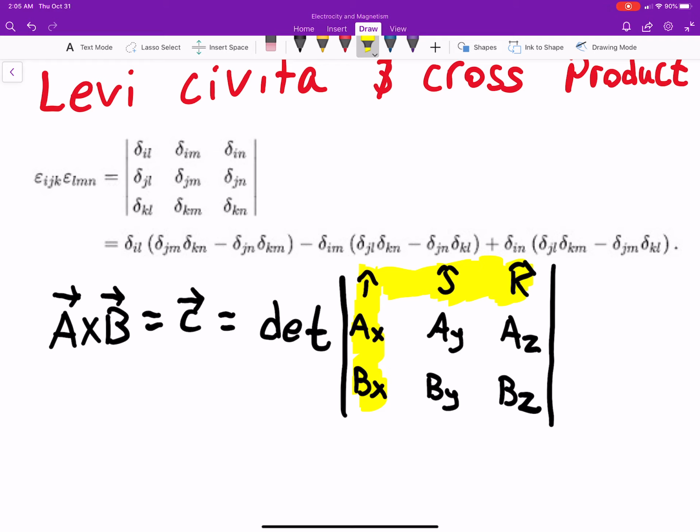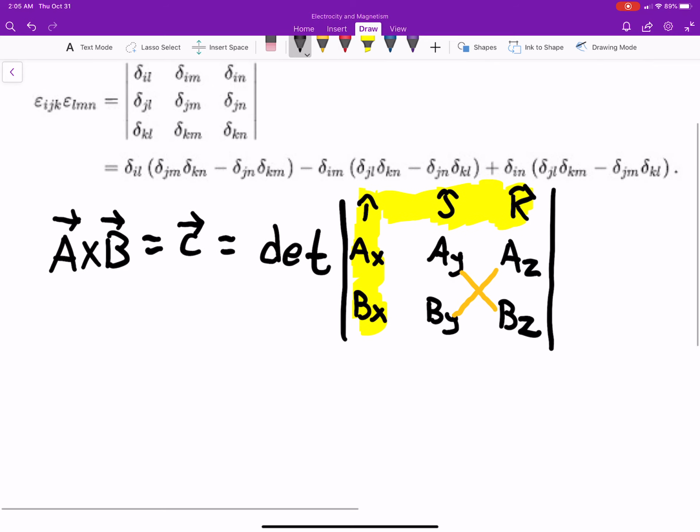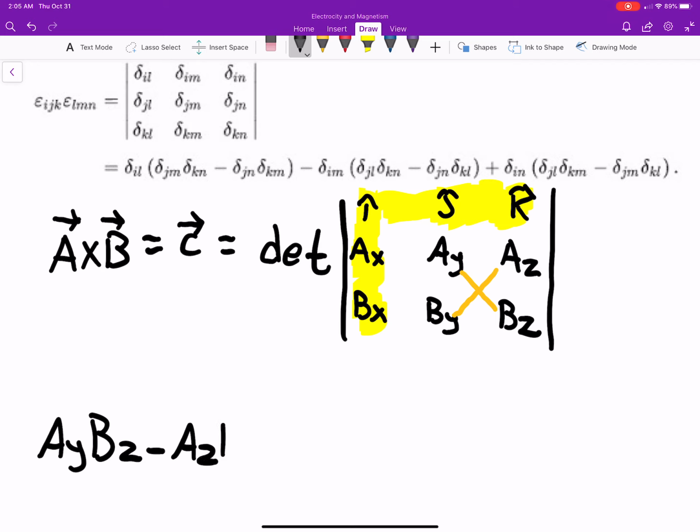Now we can do Cramer's rule, which is AY times BZ minus AZ times BY. And that's the I component, or our X component. Then we do a minus, and we'll figure out why that's a minus today.